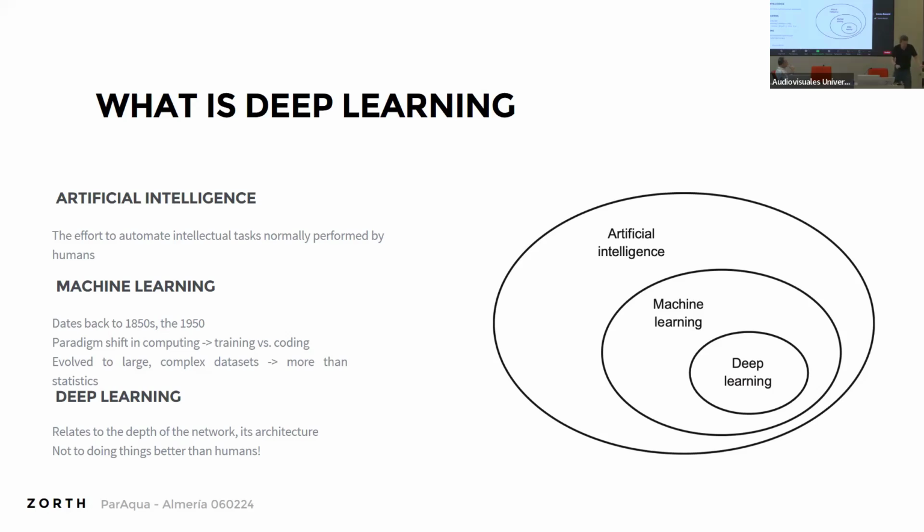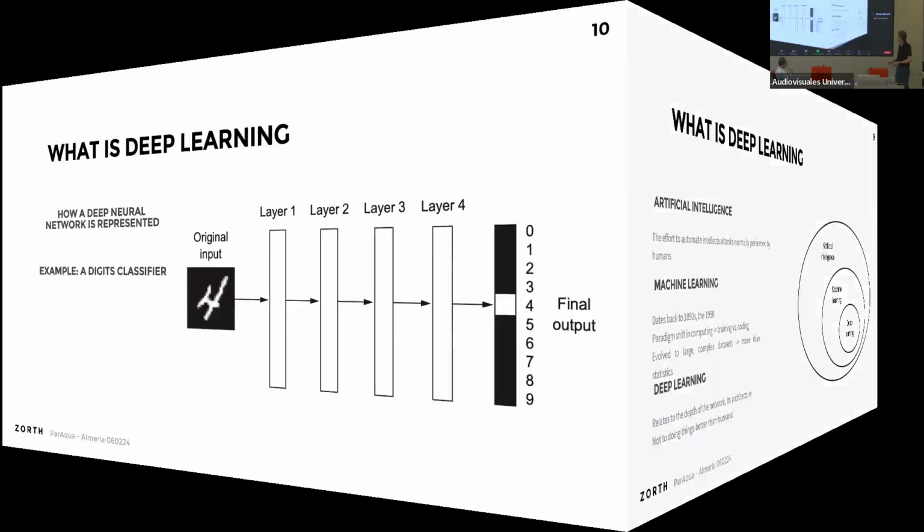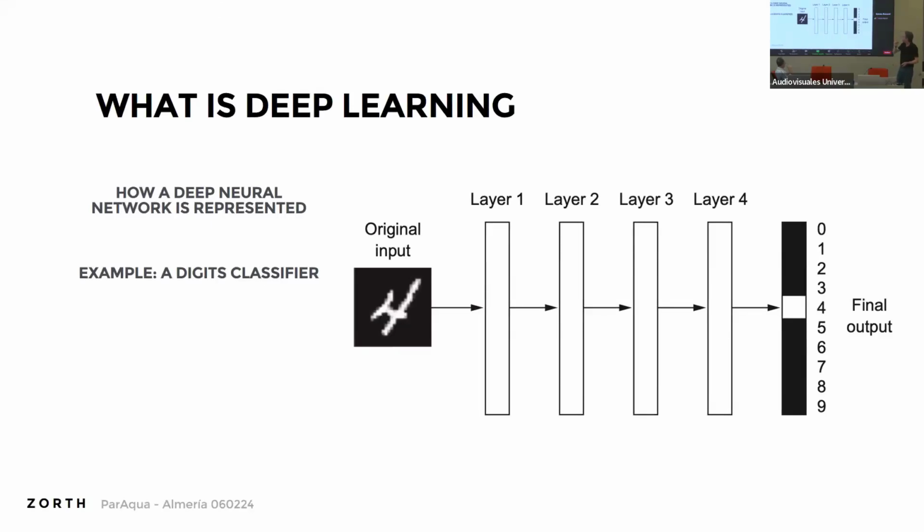Now we're going to go into a little bit more detail. Again, deep learning, deep comes from the depth of the network. We're going to see that. It doesn't come from the fact that it has a deeper understanding of things than humans.